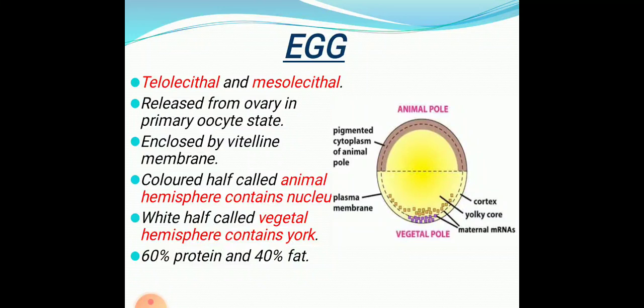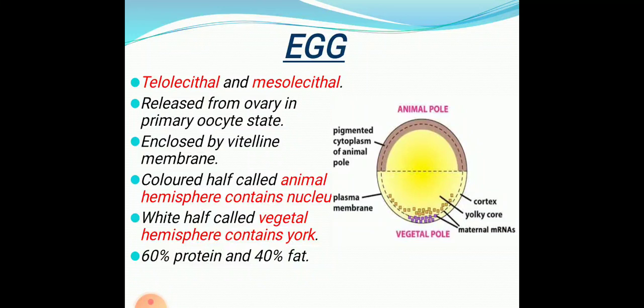Then it has 2 regions in the cytoplasm, namely the peripheral cortex and the central endoplasm. The cortex contains 2 types of granules: dark brown pigment granules, and cortical granules.